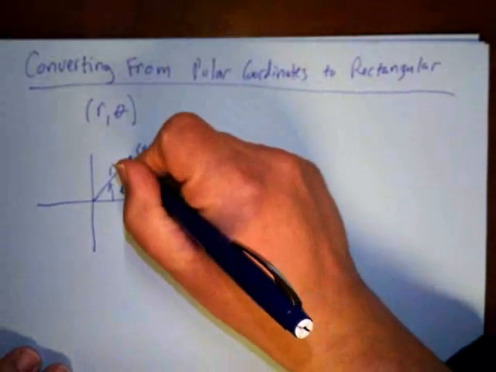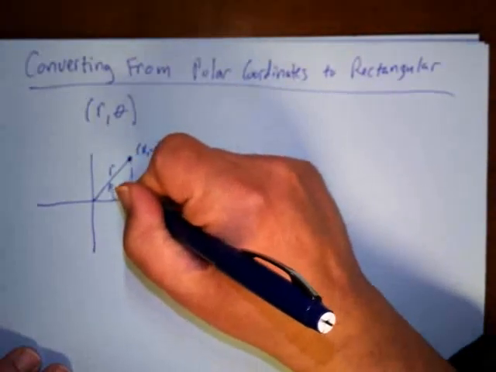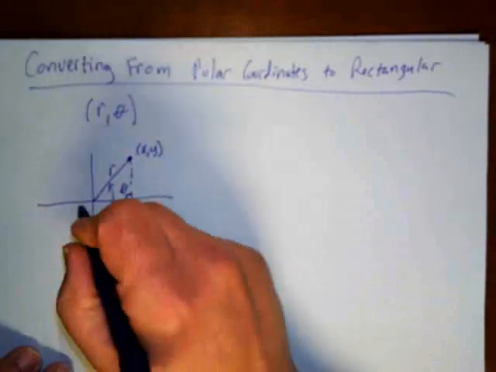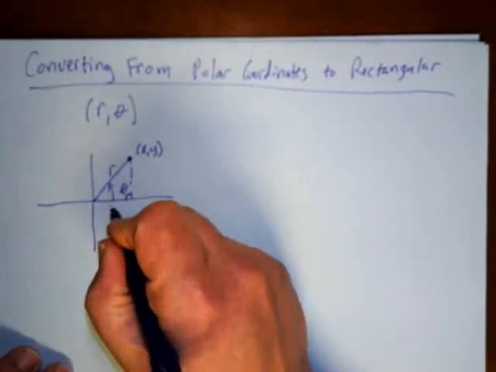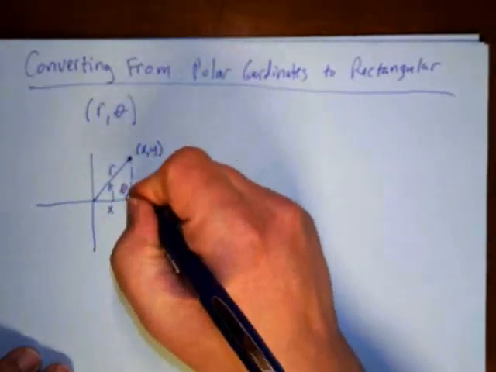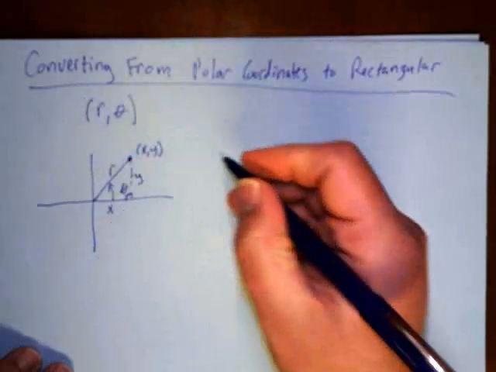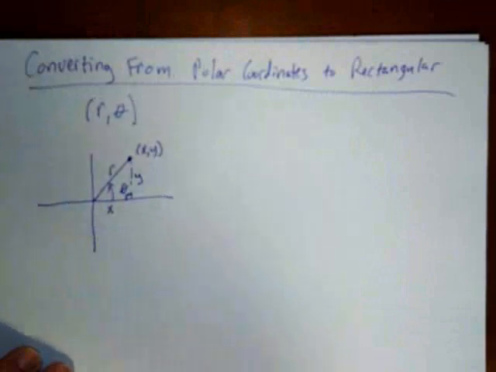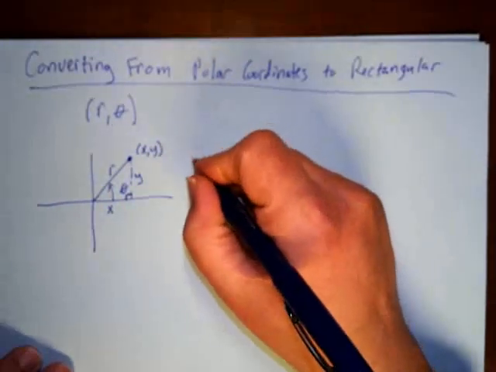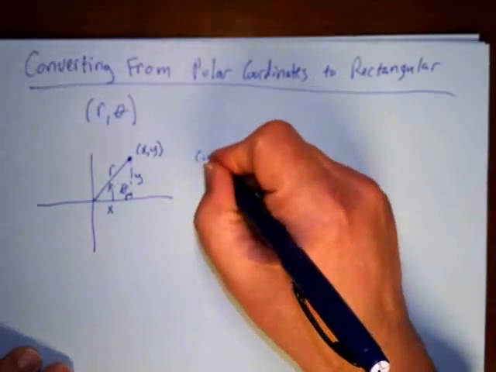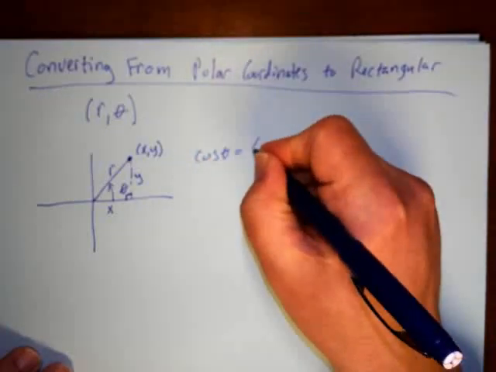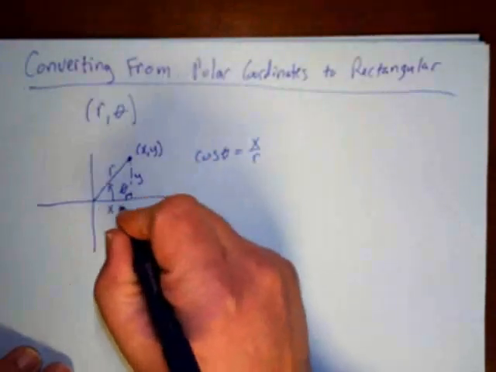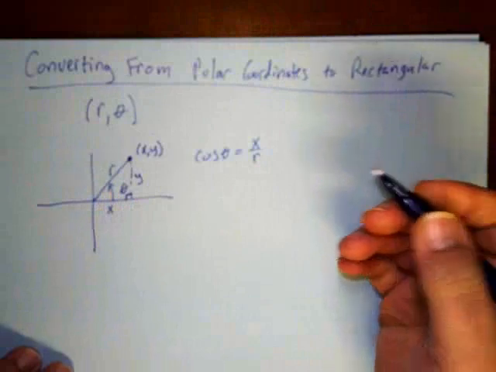Okay, so what we do here is we drop this down and make a right triangle, and the x coordinate I want is down here, and the y coordinate is over here. And this is my theta. Now we can use right triangle trig. I got that the cosine of theta is x over r, the adjacent over the hypotenuse.